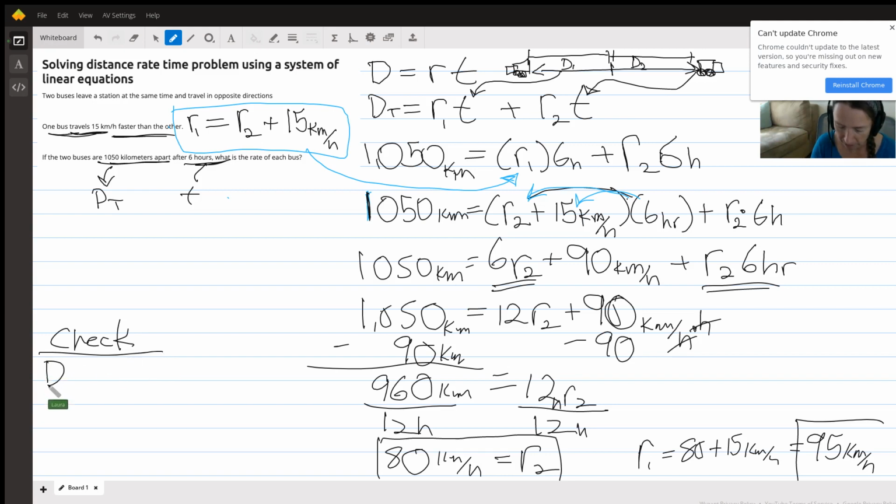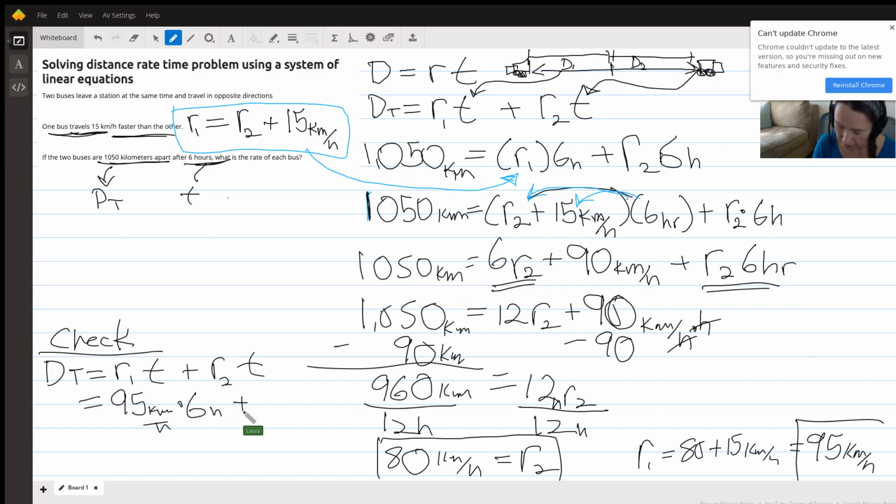We plug these into that equation: the total distance will equal our first rate times the time plus our second rate times the time. And we find out, does this equal that 1,050? So our first rate we have now found to be 95 kilometers per hour. We know that we're multiplying by 6 hours.